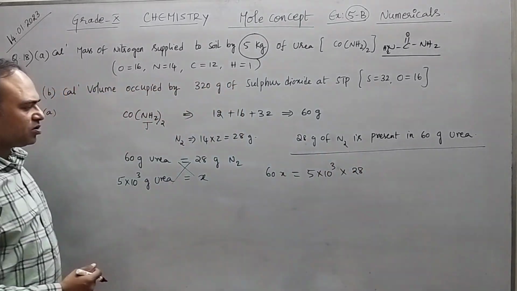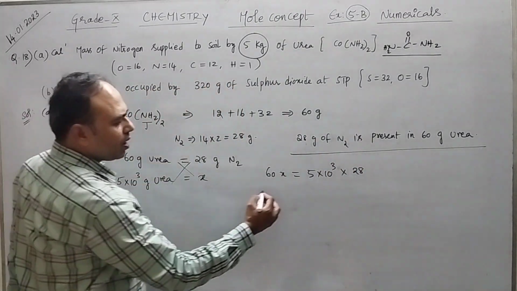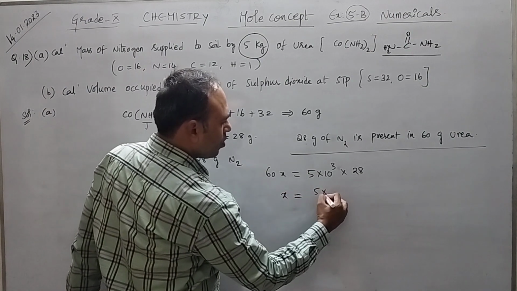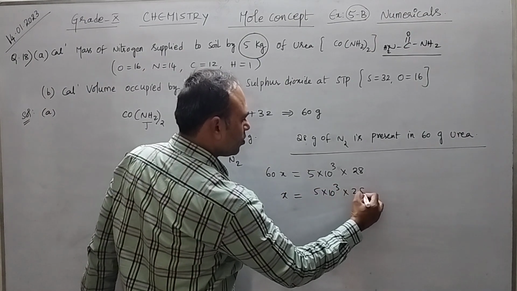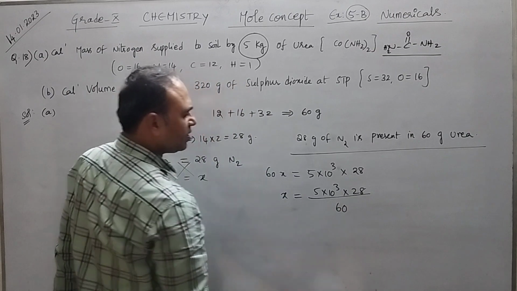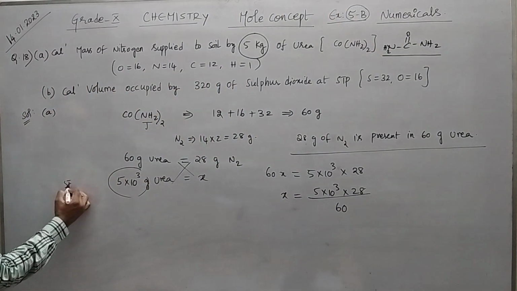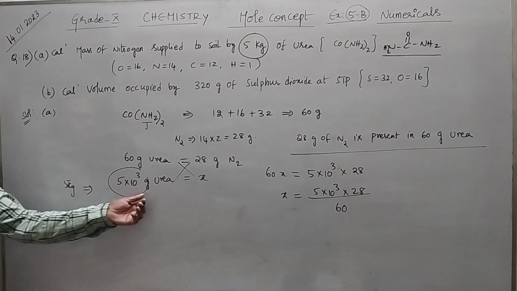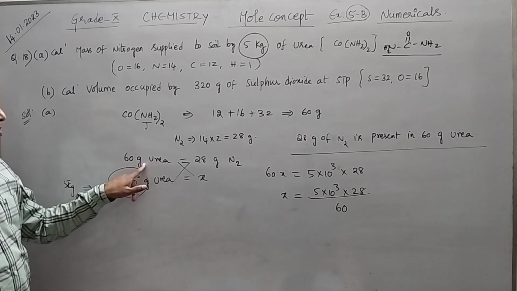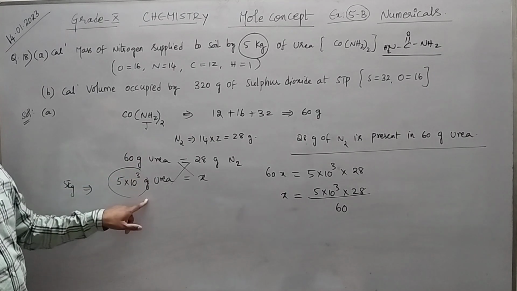Hope you have understood this cross multiplication. Now x is equal to 5 into 10 cube into 28 divided by 60. This is 5 kg, written in grams because urea is also measured in grams. Both should be in the same unit.